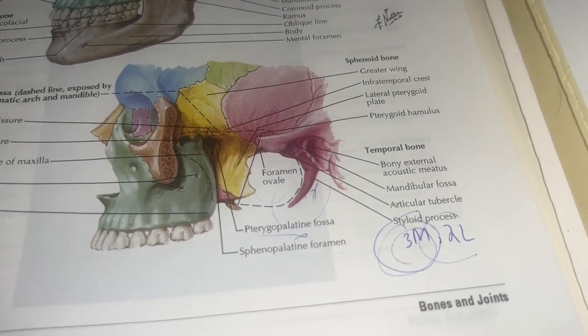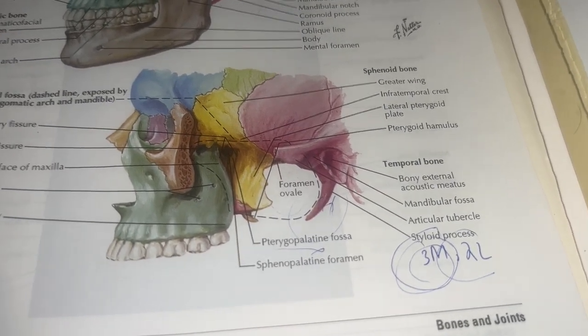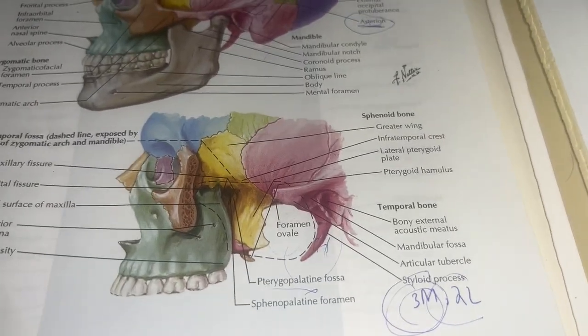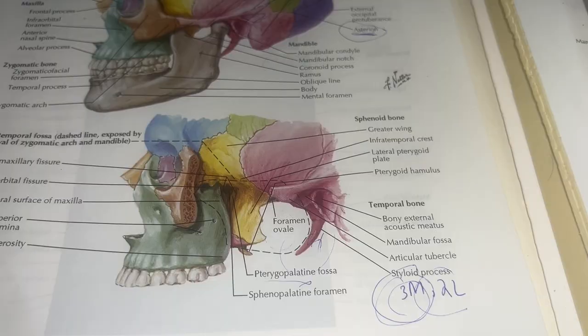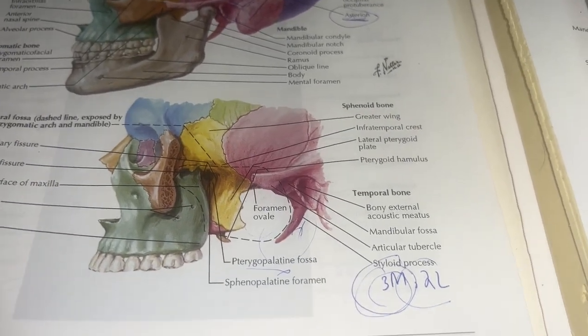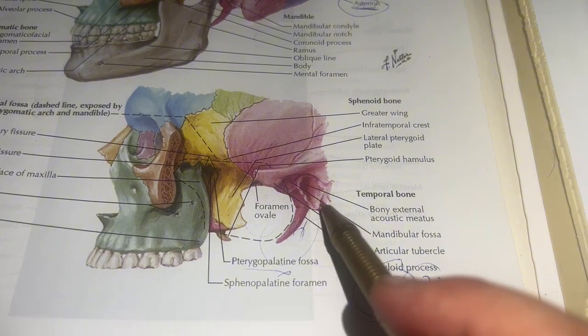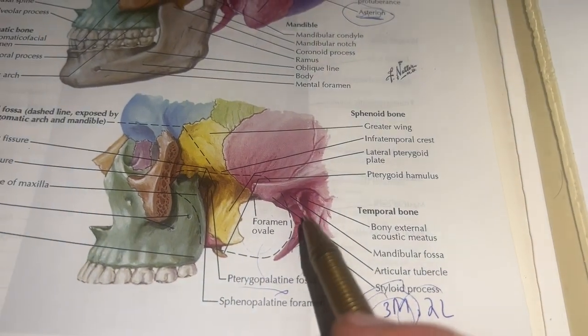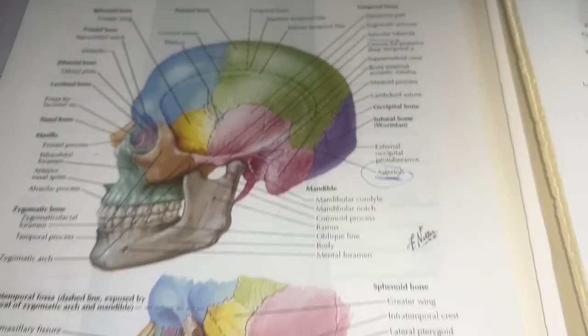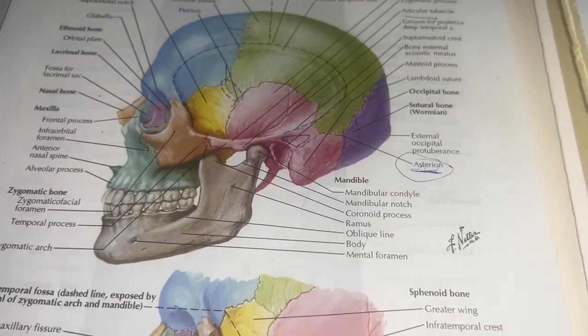The stylohyoid muscle is innervated by the facial nerve, the styloglossus by the hypoglossal nerve, and the stylopharyngeus by the 9th cranial nerve, while the 2 ligaments attached to the styloid process are the stylohyoid ligament and the stylomandibular ligament. So this is the Norma Lateralis.